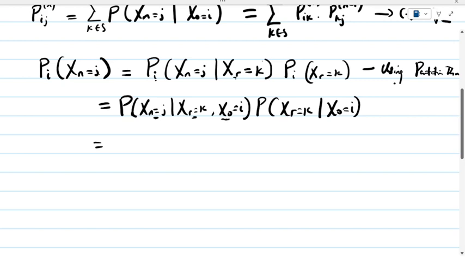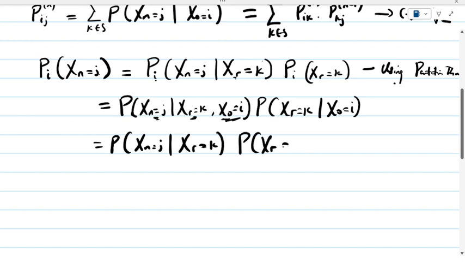Markov says that to predict the future state, we only need the current state and not the previous state. So we implement that property this way: we have the probability of moving to the next state j over n steps, given that X r equals k, times the probability of X r equals k, given that X naught equals I. Here we implement the Markov property.